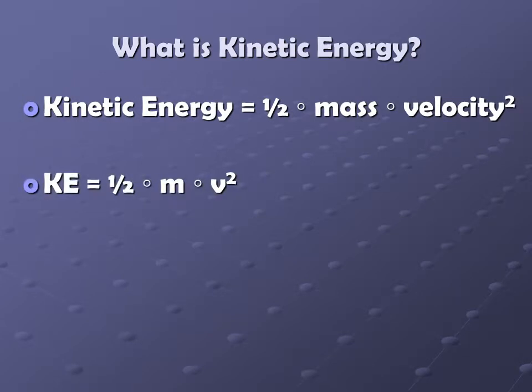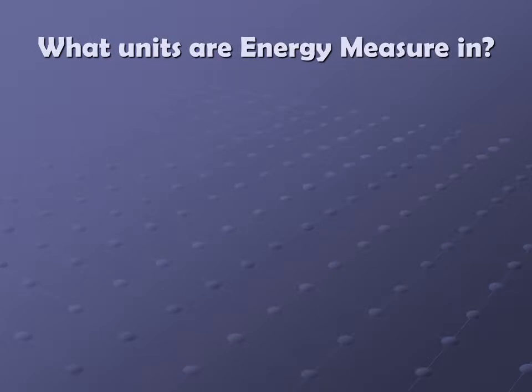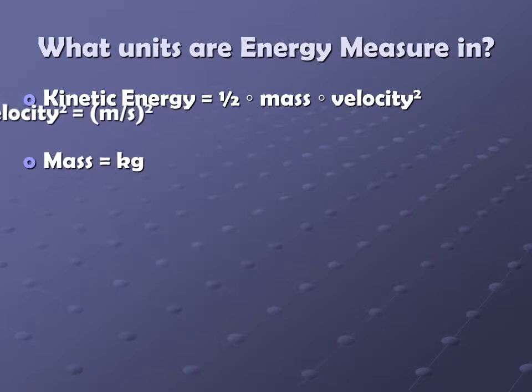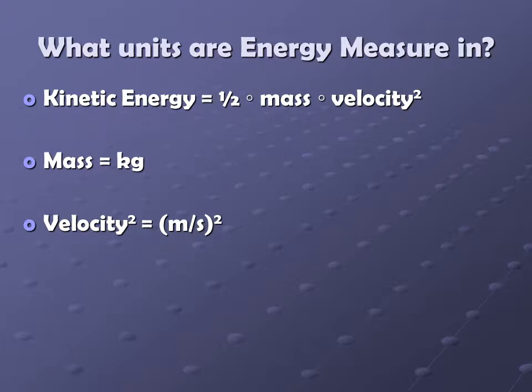So here's our equation, both in words and in symbols. Kinetic energy is 1/2 times mass times velocity squared. So what kind of units are we looking at here? Well, mass is going to be measured in kilograms always. Velocity is going to be measured in meters per second.